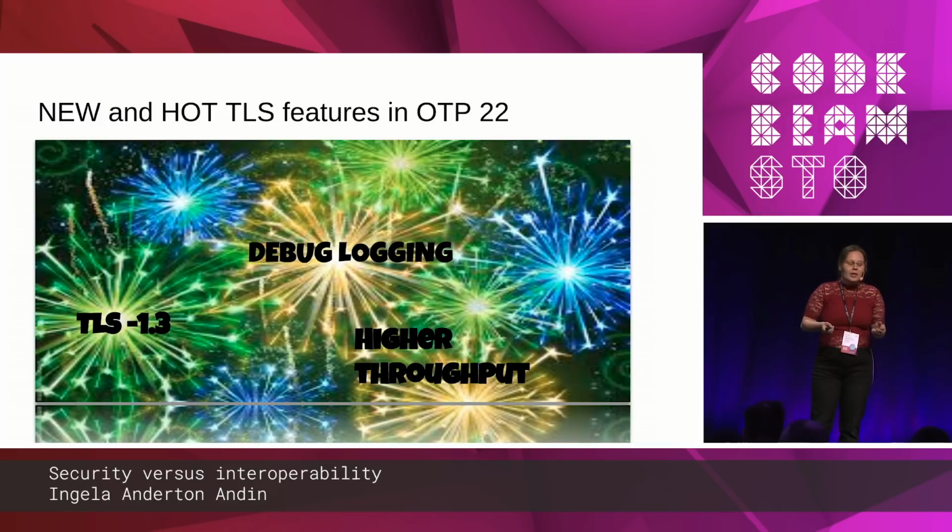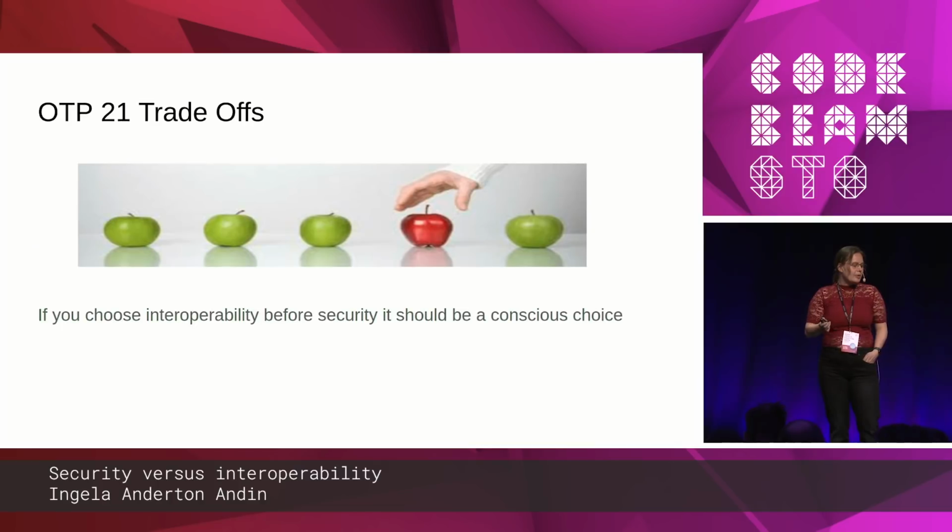And also one of my colleagues, Peter Dimitrov, has put up a pull request if you want to try out the runnable client. So it's there on GitHub. And we also did some debug logging in the higher throughput optimizations, as you might remember Kenneth mentioning.